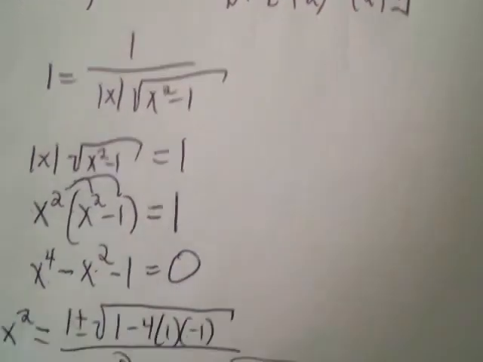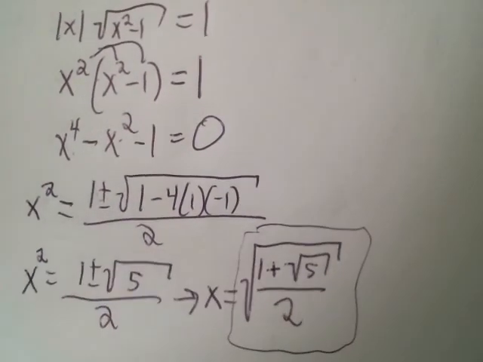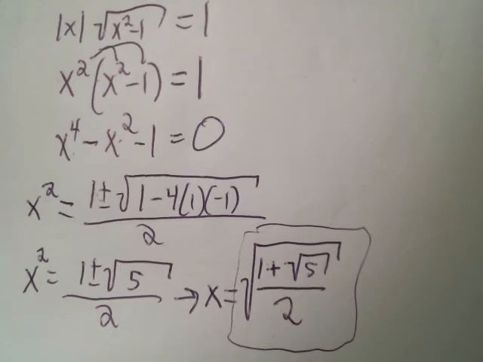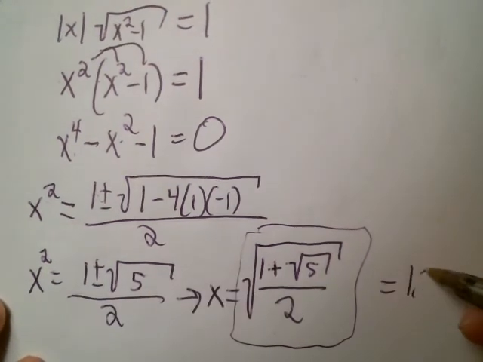Okay, so I kind of have to get an approximation for that thing. So square root of, well, let's just go 1 plus the square root of 5, and then divide that by 2, and then take the square root of that thing. And I'm getting 1.2-ish. Okay, so 1.27.